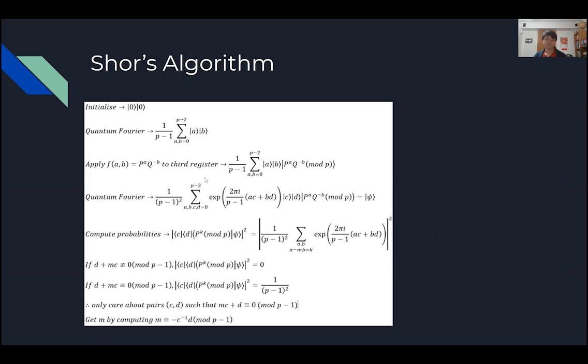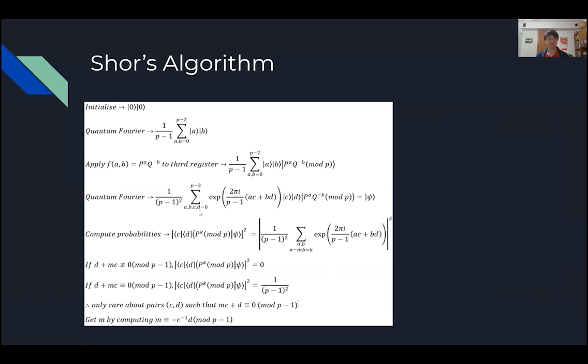Then we apply a function based on the first two registers, and we apply it to a third register now. In this case, we're using P to the a, Q to the minus b. And this is actually representative of our point multiplication relationship.